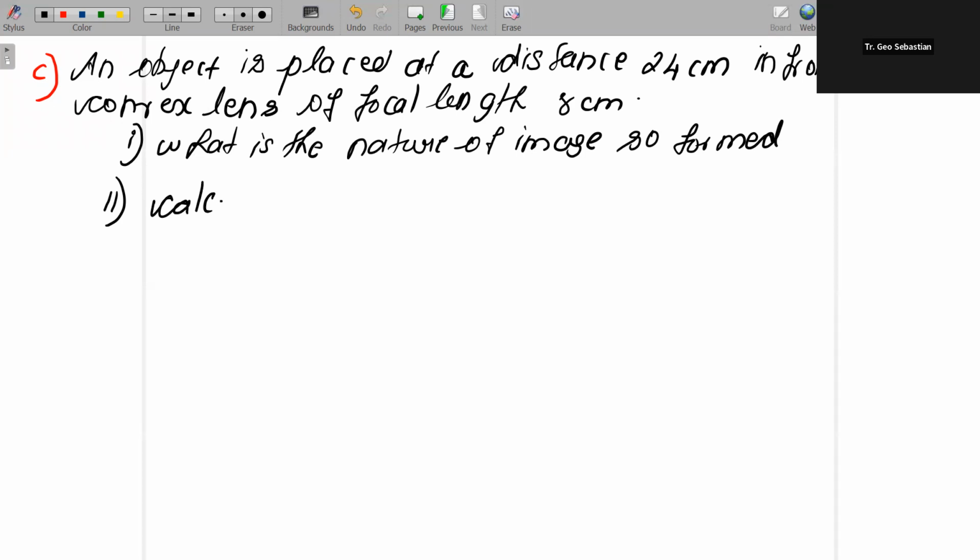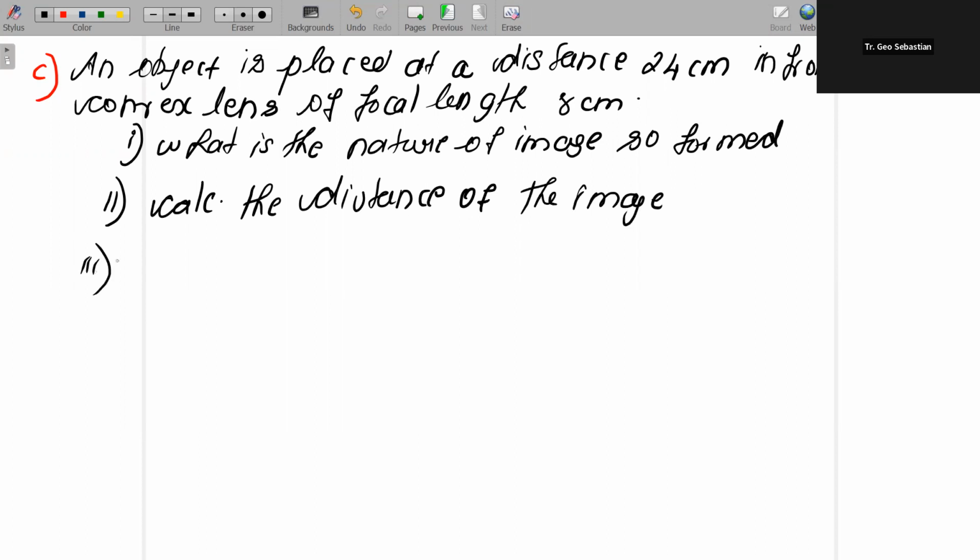Calculate the distance of the image. It's image distance. Third one, calculate the magnification of the image.